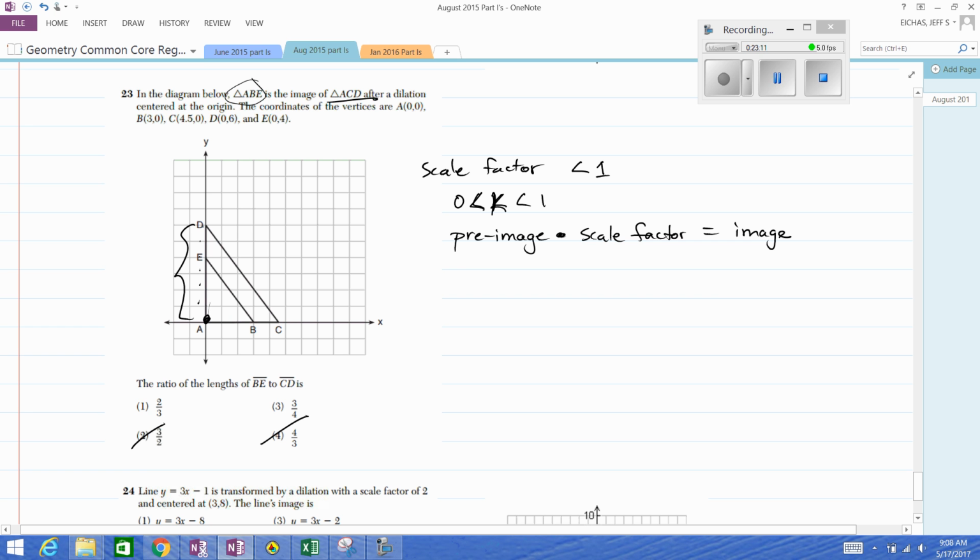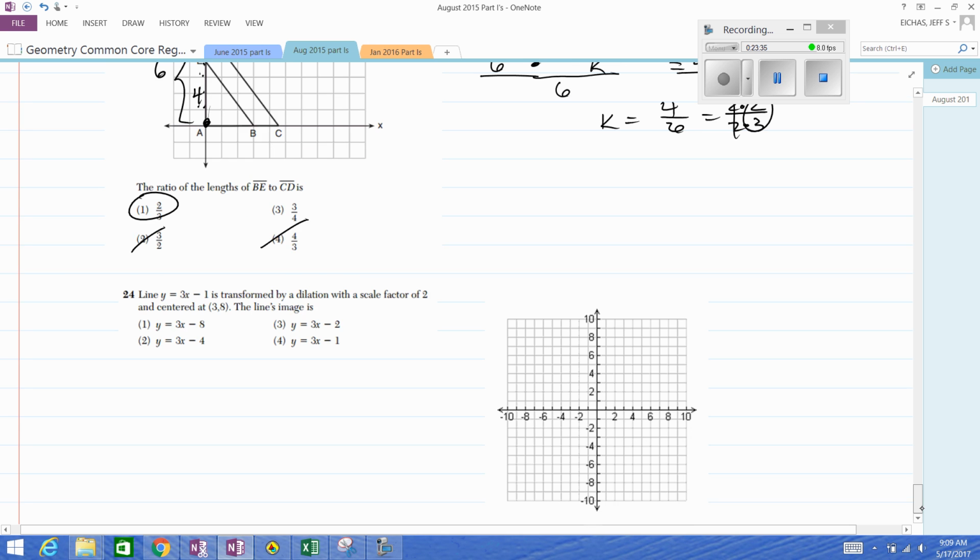So that's 6. That's the pre-image. K is an unknown scale factor. I don't know why we use K. We just do. And from there's 4. We're going to divide by 6, and we get K is 4/6, same as 2/3. There it is.